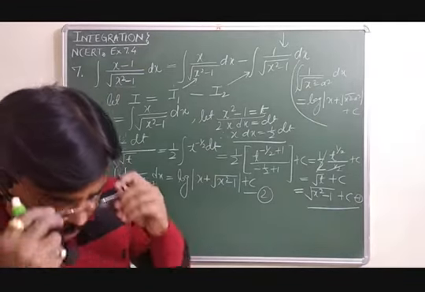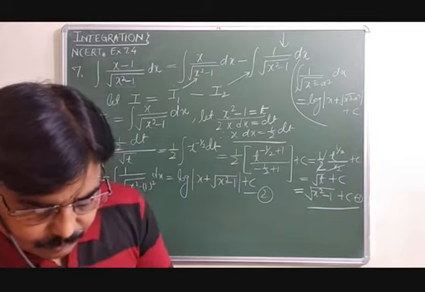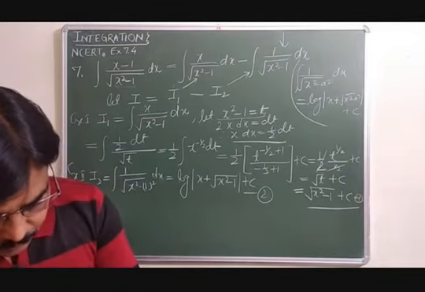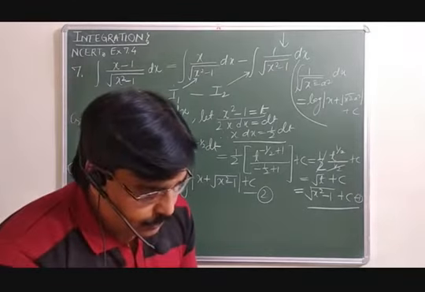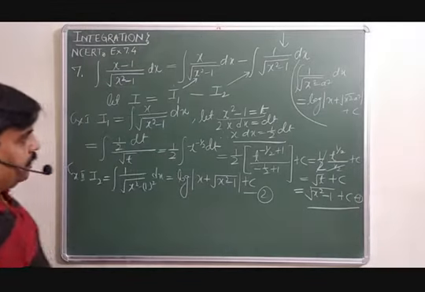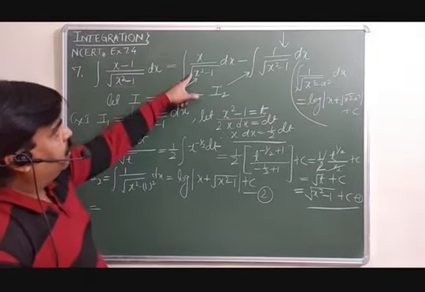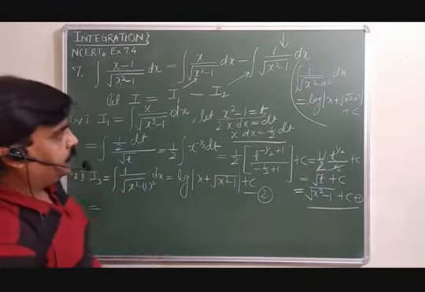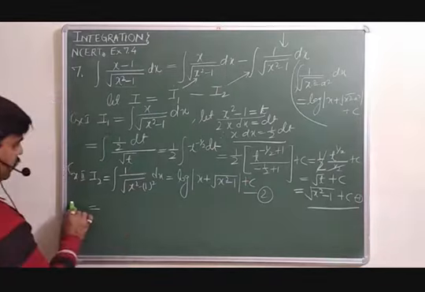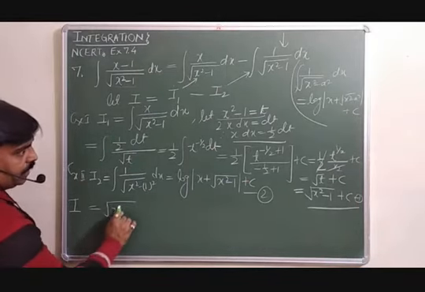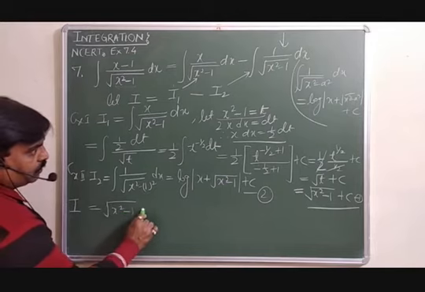So finally what you will get is here. See, the value of this one, I1, capital I is equal to under root x square minus 1 plus c.